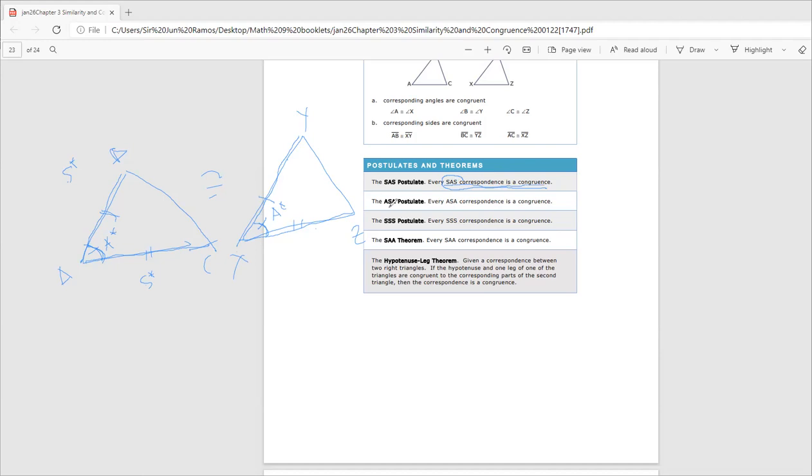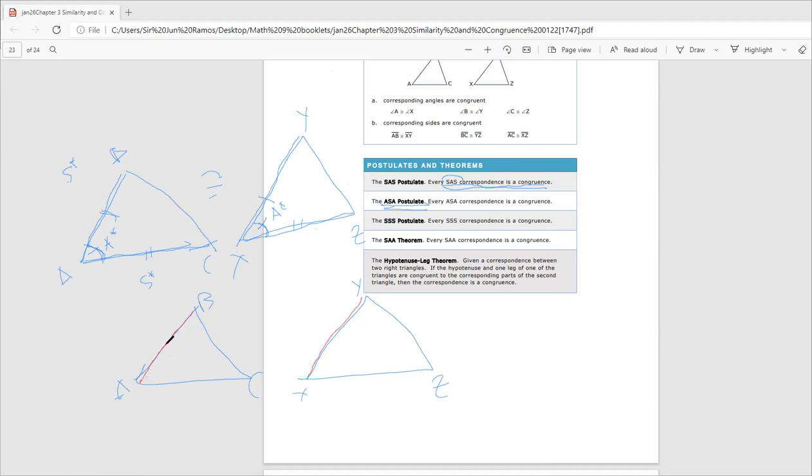Okay, now you would be able to guess what ASA here is. Suppose I have again triangle ABC, and here triangle XYZ. For you to use the ASA postulate, we need to have angle, side, angle. So we have an included side. Suppose this side here is the included side, and this side is the included side here.